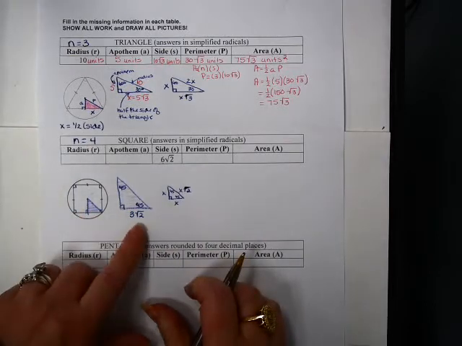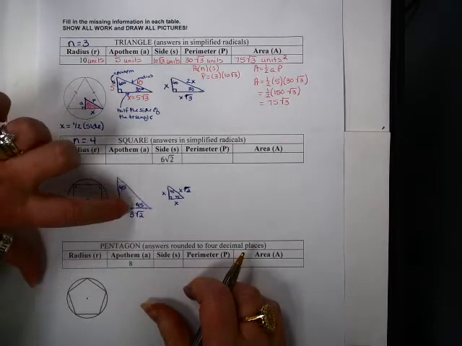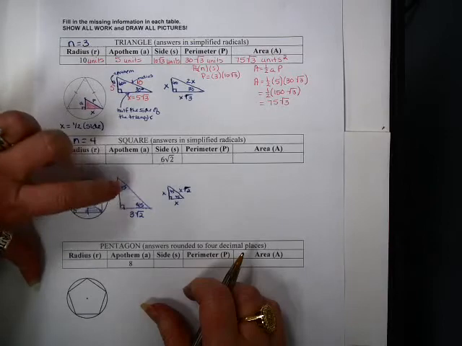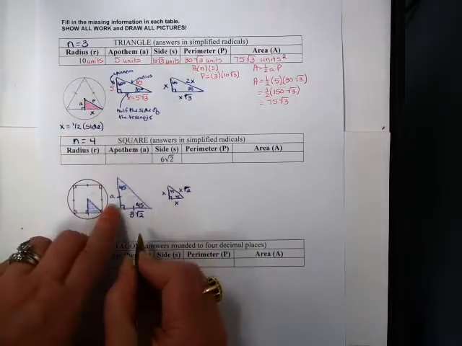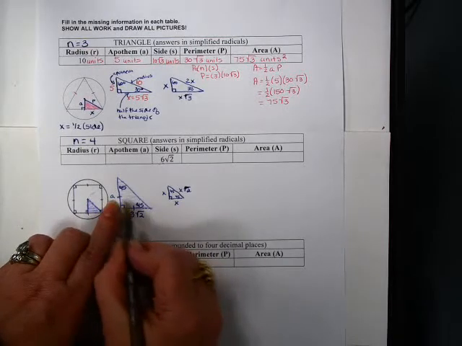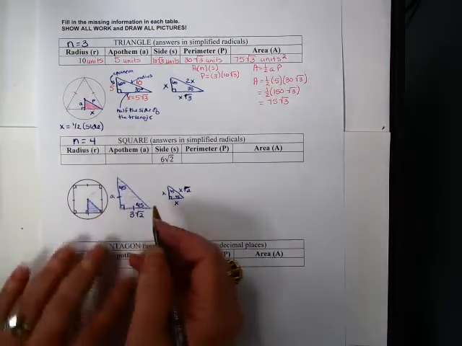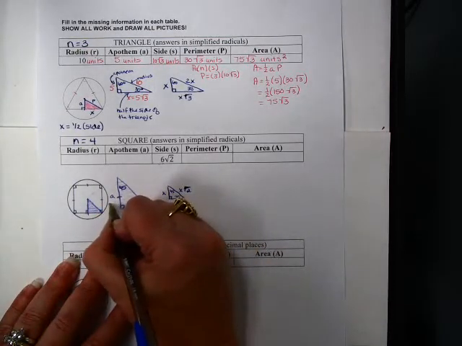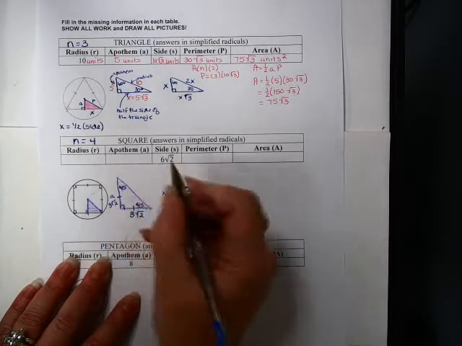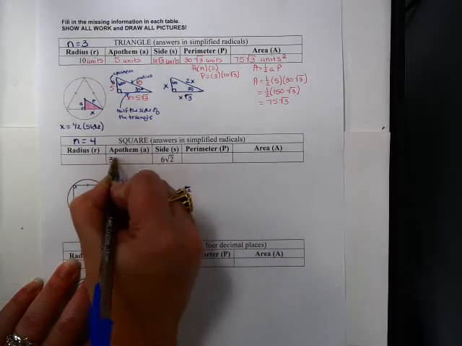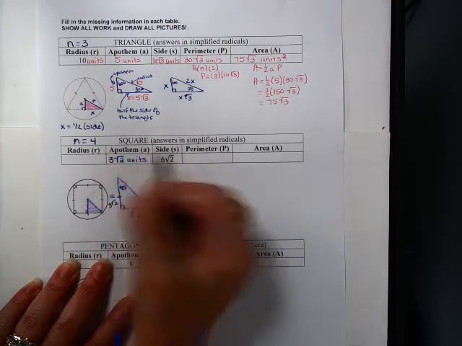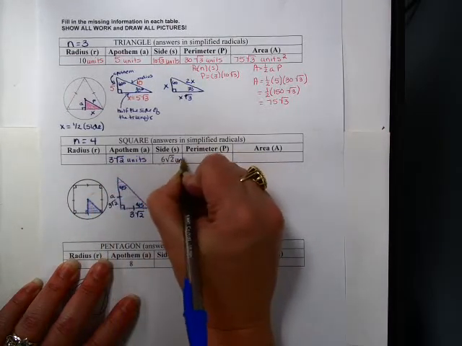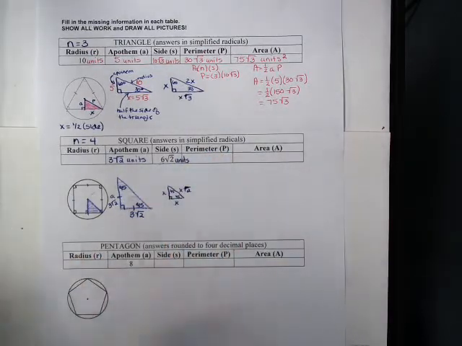Okay, so that means that I can find the apothem very easily, because remember, this over here is the apothem, and I know that these two sides are the same, so the apothem is equal to 3 rad 2. So I'm going to write that up here, 3 rad 2 units. And of course this should have units.